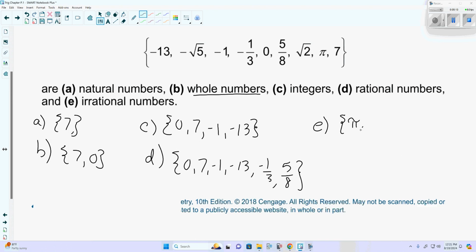One of them is pi, square root of 2, and negative square root of 5. Negative square root of 5 and the square root of 2 cannot be written as a repeating decimal or as a decimal that terminates. Both of these are non-repeating, non-terminating decimals. And that's it. Questions on these here?